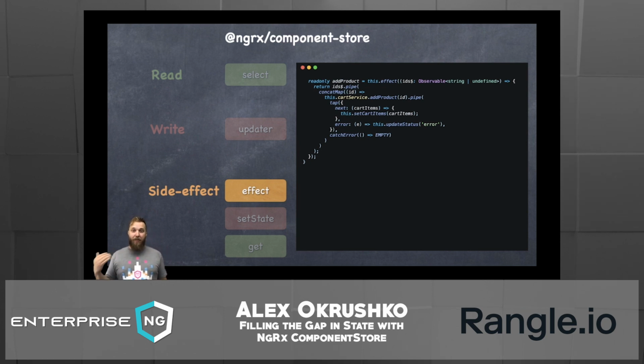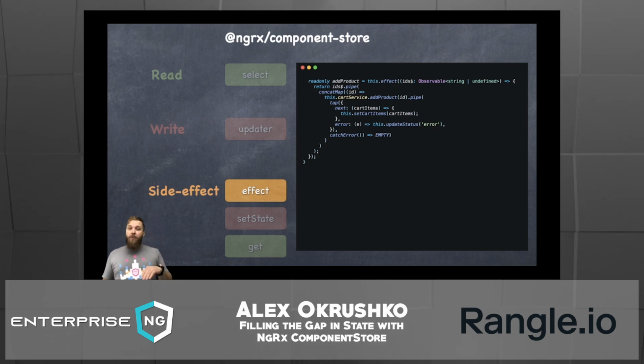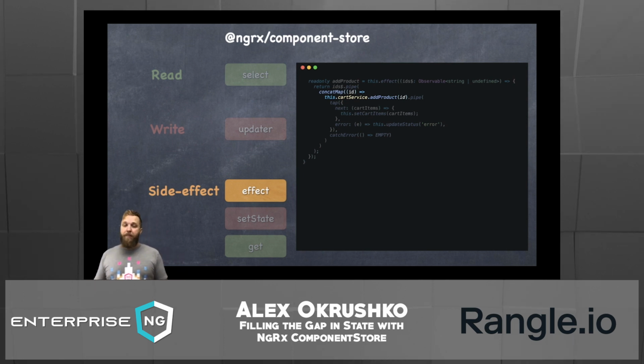Then we pipe it, and there we have a chance to determine how exactly we want to control this race condition. For example, in this case it's a concatMap, meaning that for any new ID that comes in, we have to wait until the previous one is completely finished, and then the new ID will start.